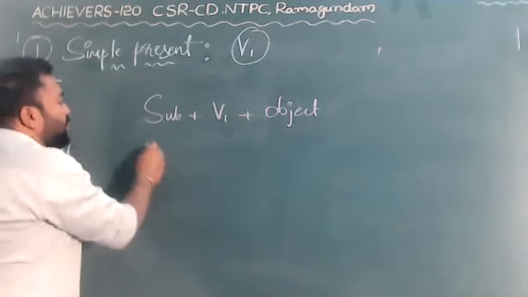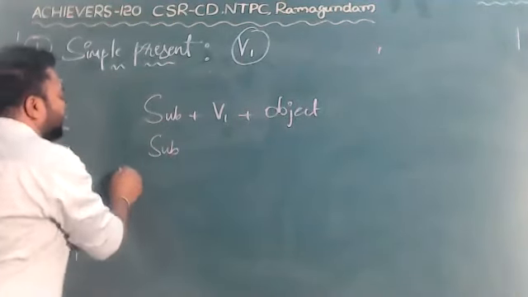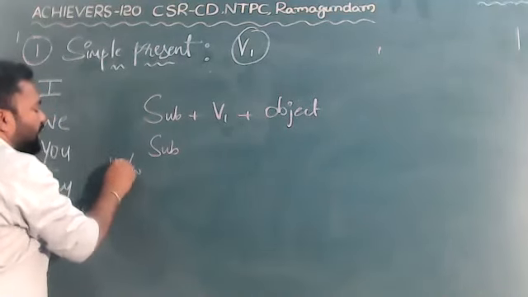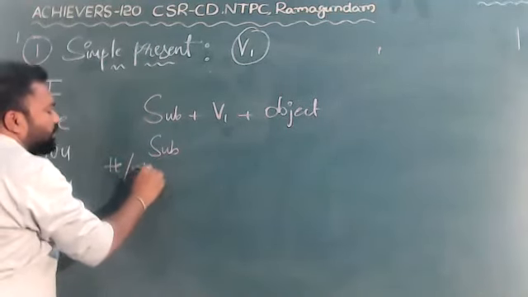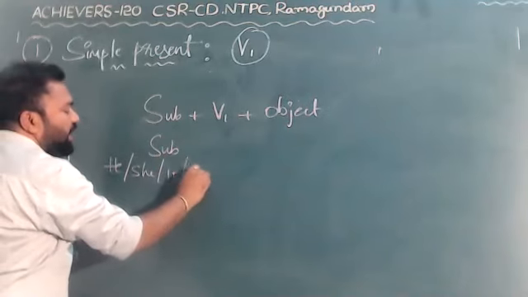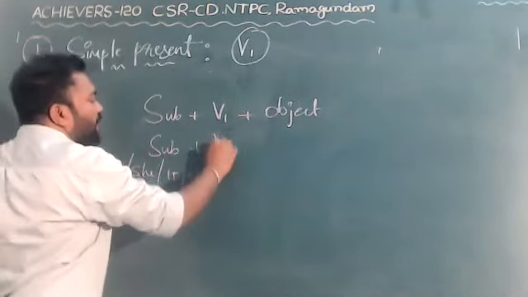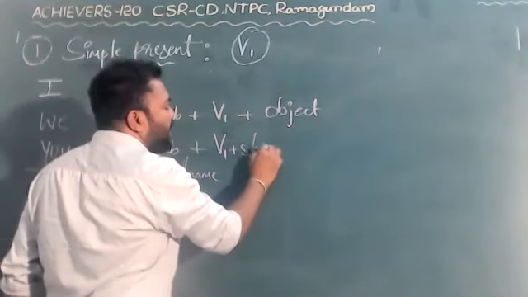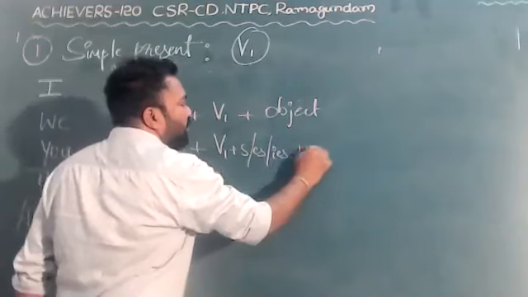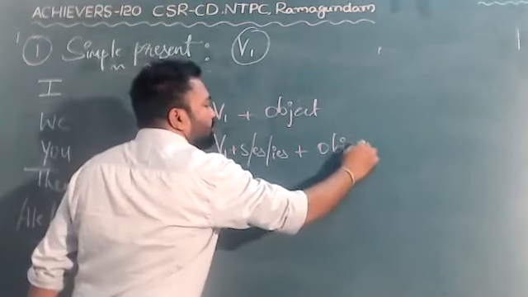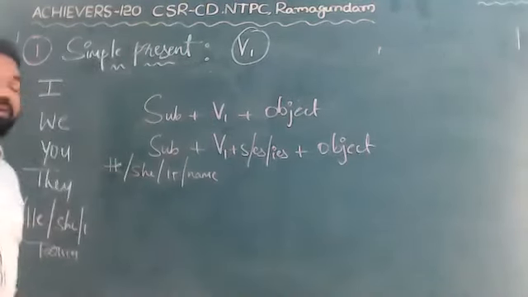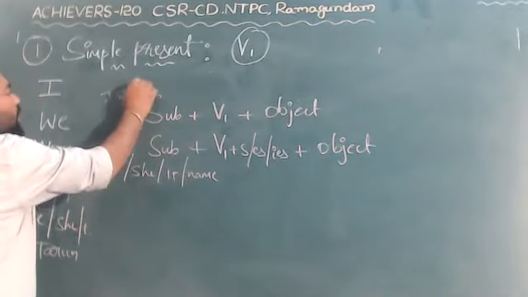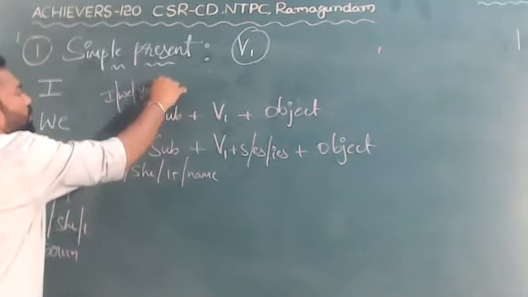And when the subject is he, she, it, and name, we have to add what? S, es, or ies plus object. It sounds great, isn't it, students? And here, I, we, you, they.